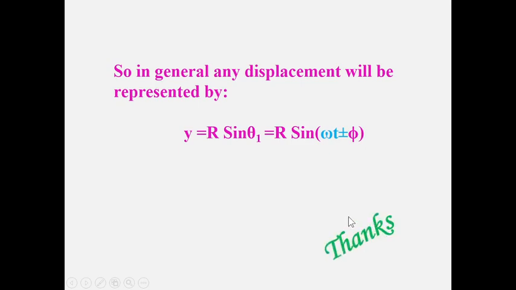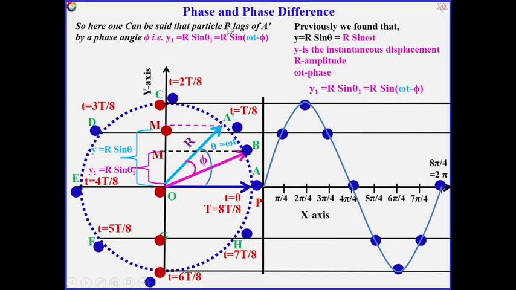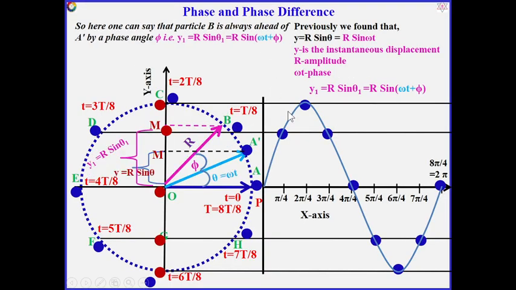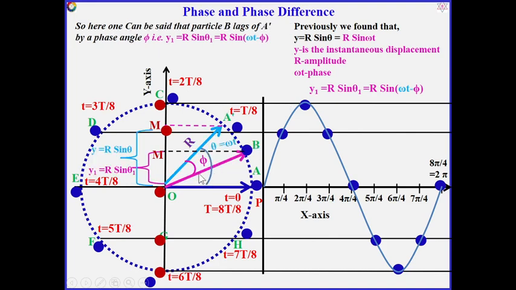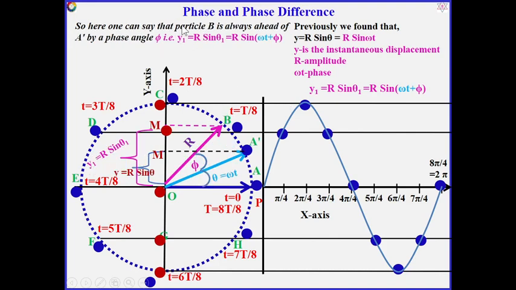I suggest that for the phase difference topic, you draw this figure and write down this equation, and again you draw this figure. For phase and phase difference, there is no need to draw all these things, no need to draw the wave itself. Only draw the circle and mark A dash and B, this angle, and write down this one.